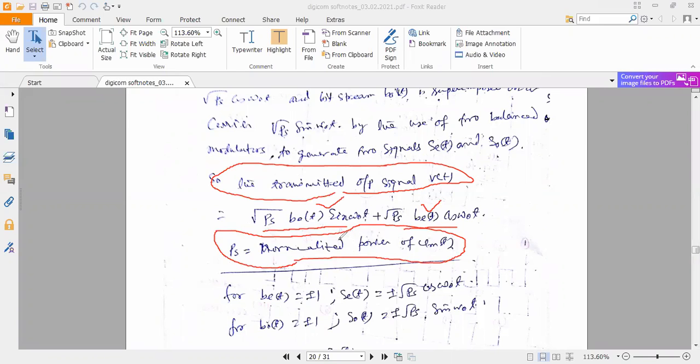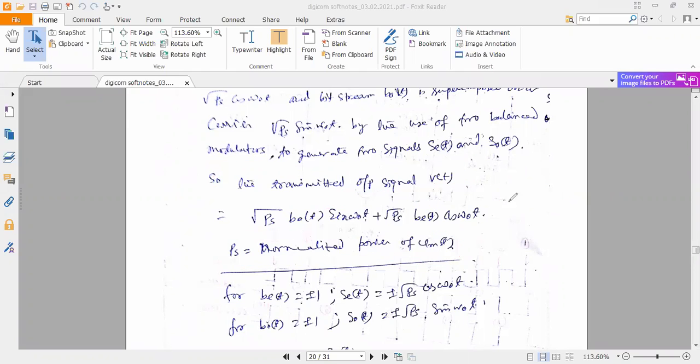Now see, you are having BET and BOT, correct? BET, that is the even bit, may be either 0 or 1. Similarly BOT, that is the odd bit, may be either 0 or 1. So with BET and BOT we are having 4 combinations, correct?